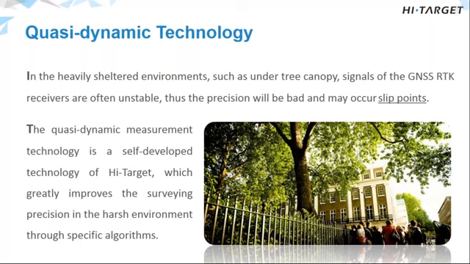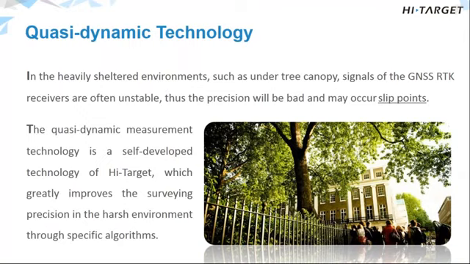The Quasi-dynamic measurement technology is a self-developed technology of Hi-Target, which greatly improves the surveying precision in harsh environments. The specific algorithm to improve the accuracy is particularly important.